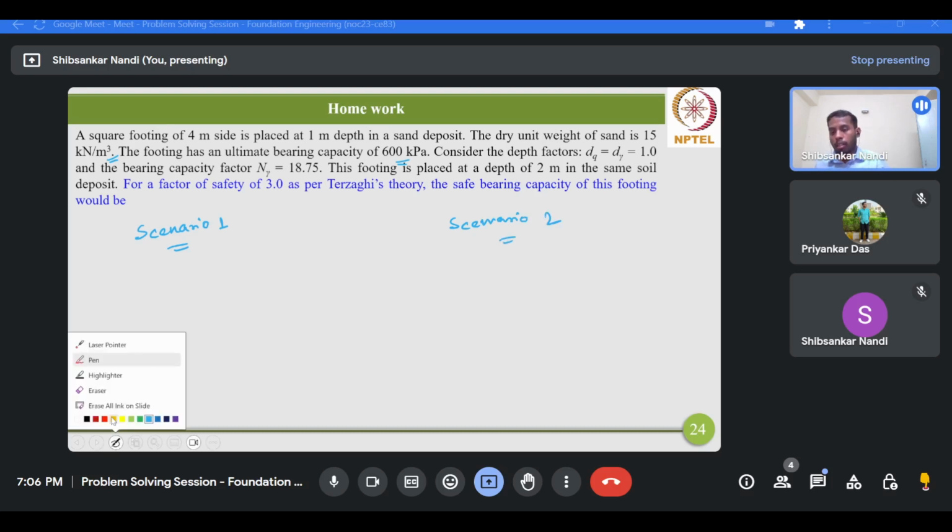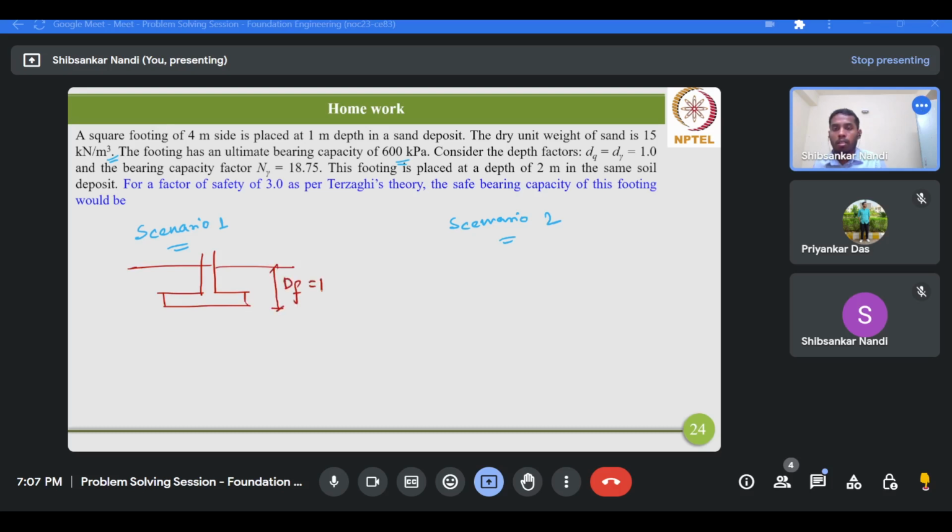Now in scenario 1, the footing is founded at a depth of 1 meter, whereas in scenario 2, this footing is now founded at a depth of 2 meter, that is twice the initial depth. Okay, the depth of foundation is increased.